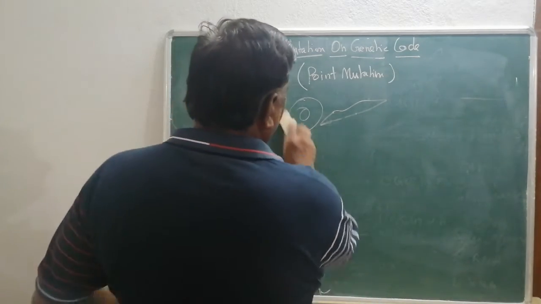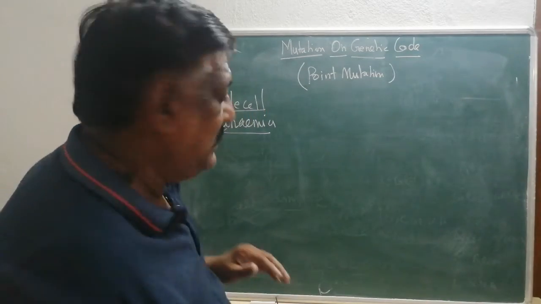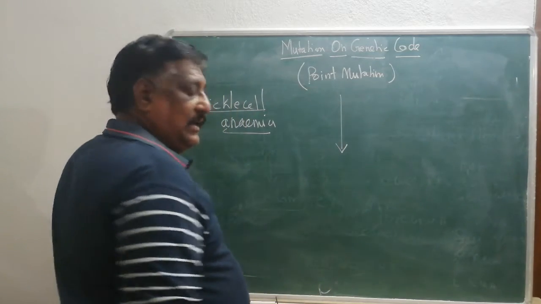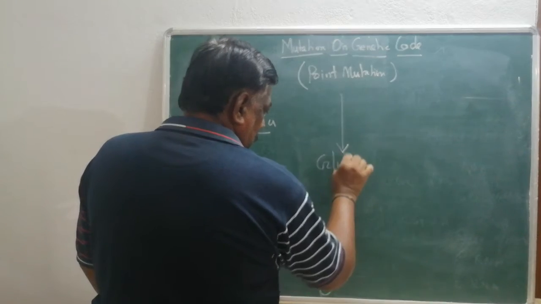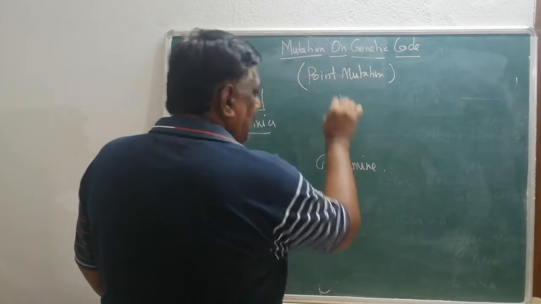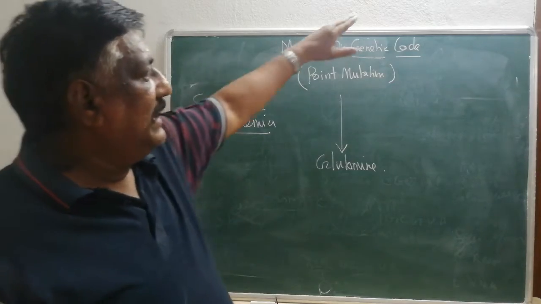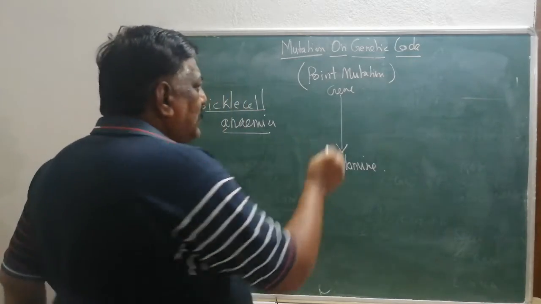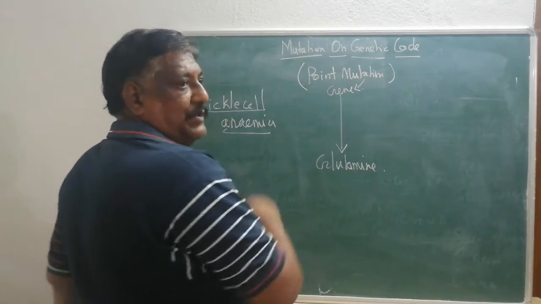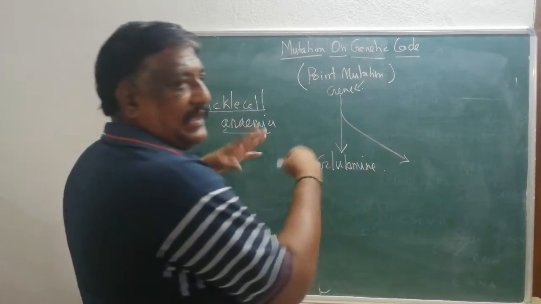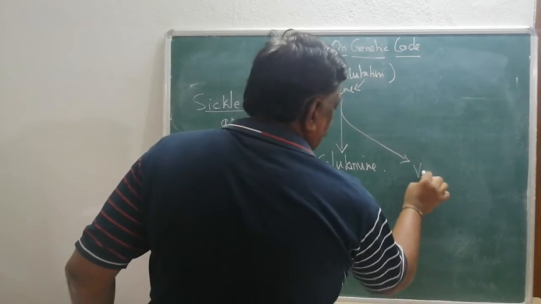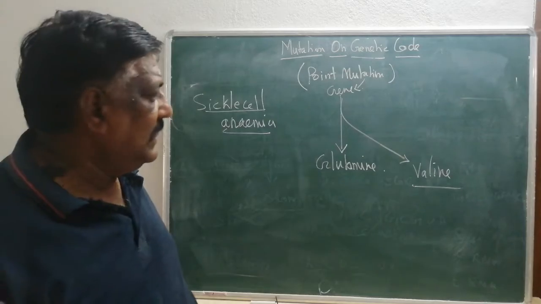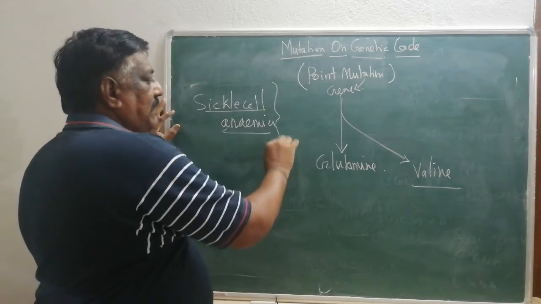Actually, the amino acid glutamine is to be formed by a particular set of gene. A small change, that is point mutation, makes a change in this process and produces another amino acid called valine. This is what happened in sickle cell anemia.